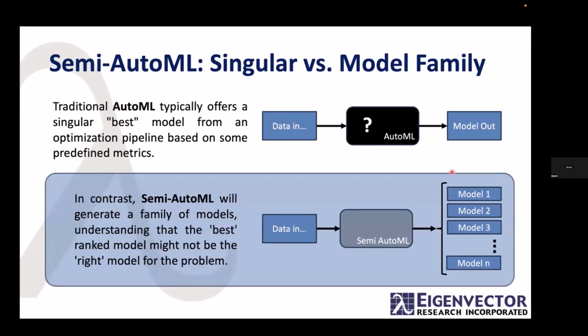But in contrast, semi-auto ML generates a family of models, understanding that the best ranked model might not be the right model for the problem. So the data goes in and we get a lot of models out.